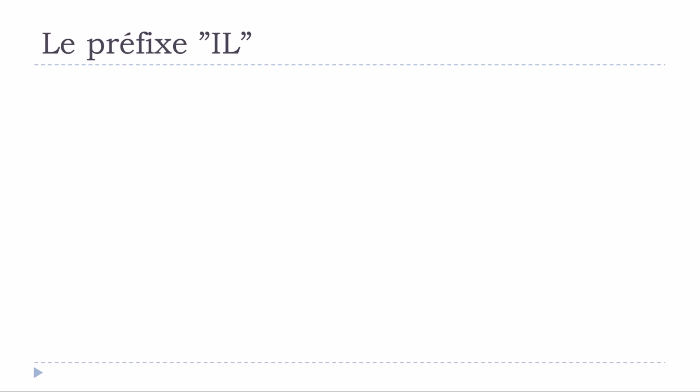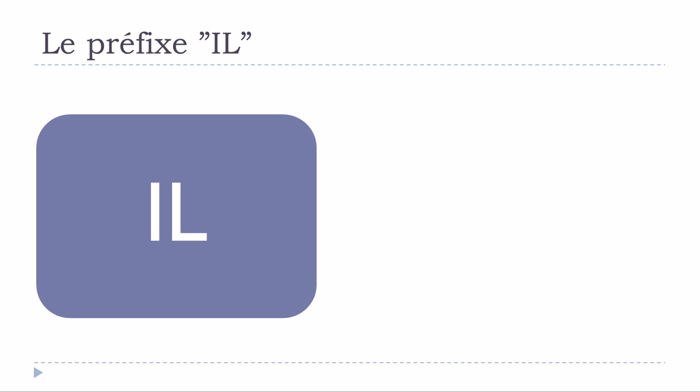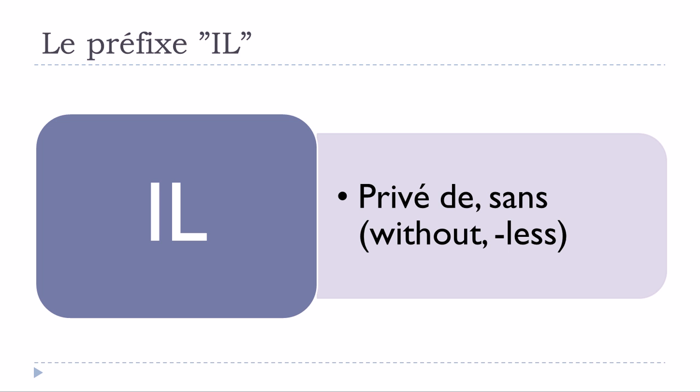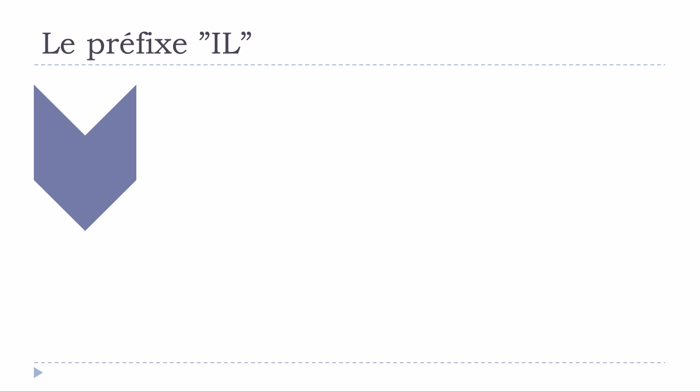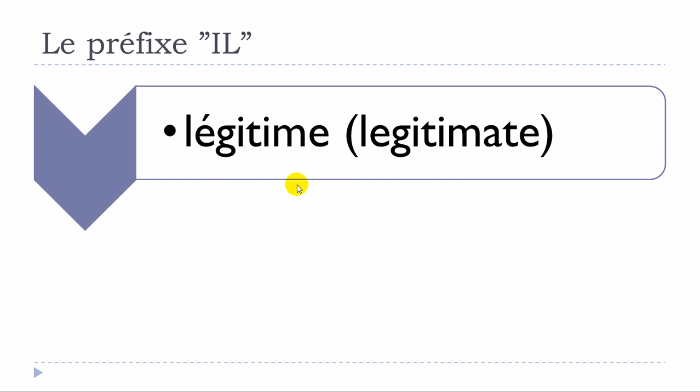So let's see. Normally if we're talking about this il prefix, then it will mean privé de, sans. Okay, and this is actually what it means in English, so without or, well, less. Okay, so that will be the meaning of this il prefix. Let's see three examples. The first one here, légitime.